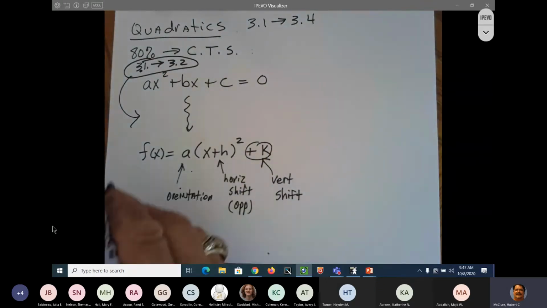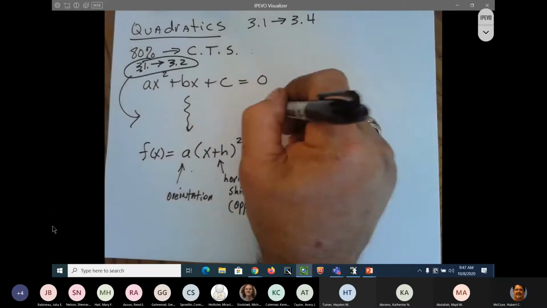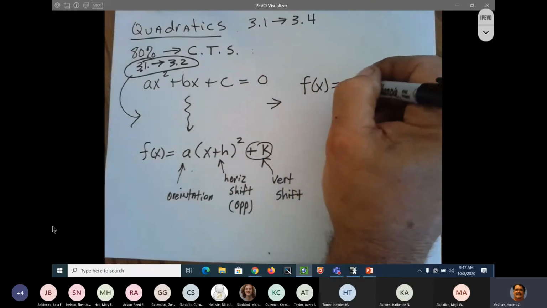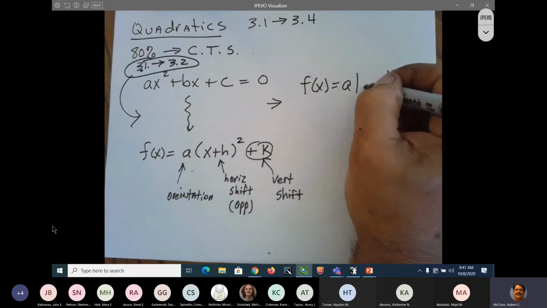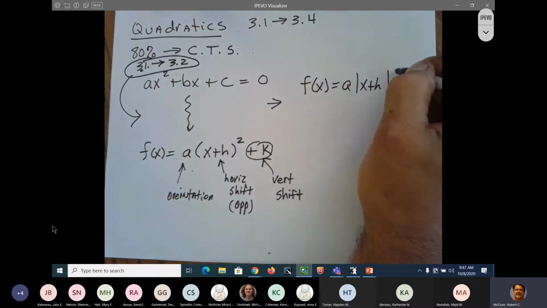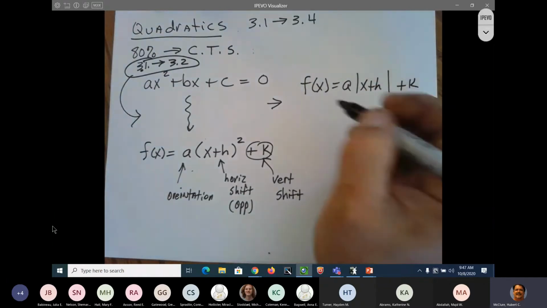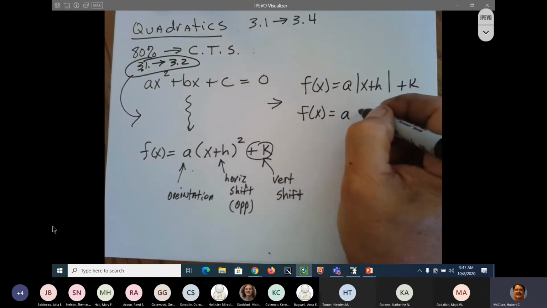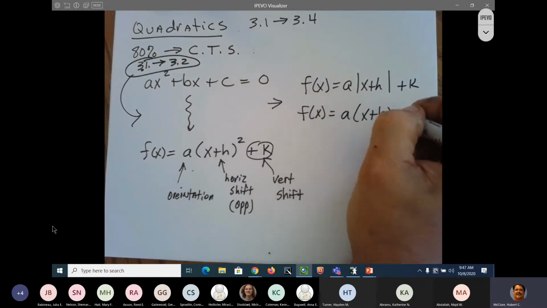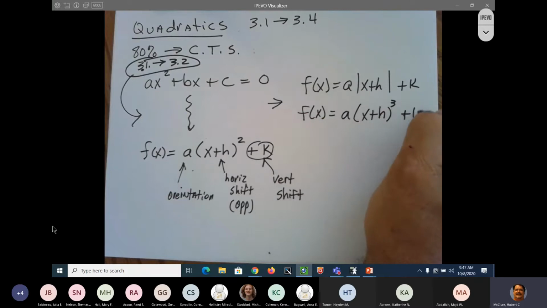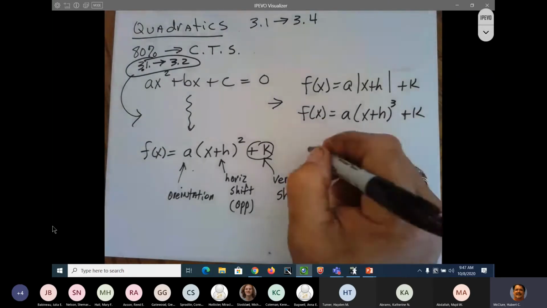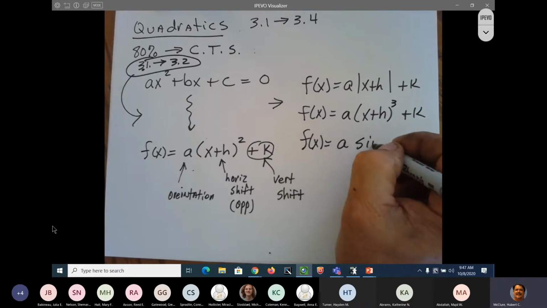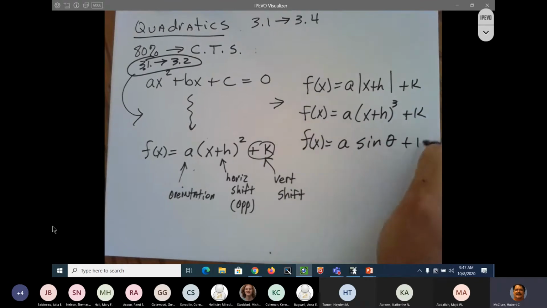And you can also apply this to f of x is equal to a times absolute value of x plus h, plus k. You can apply it to f of x is equal to a times (x plus h) to the third power plus k. You can also apply it to f of x is equal to a sine theta plus k.